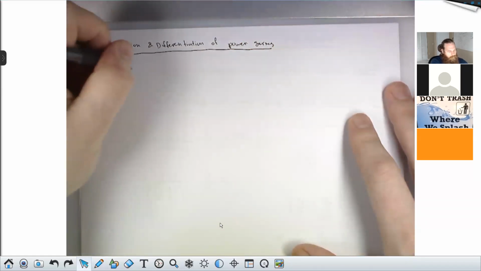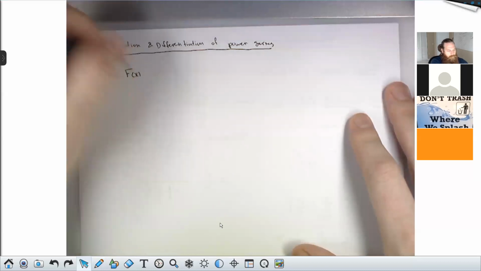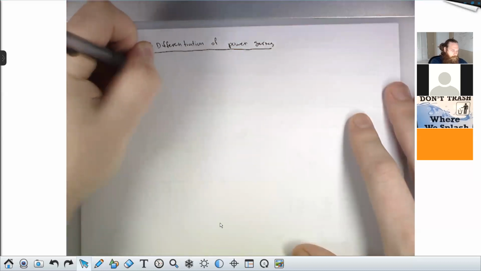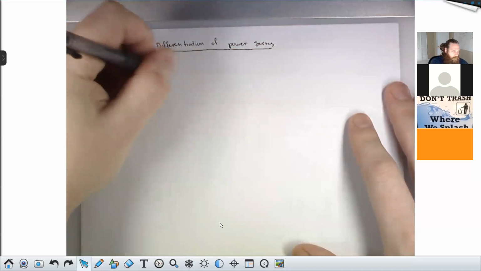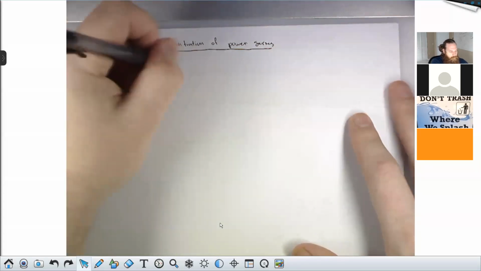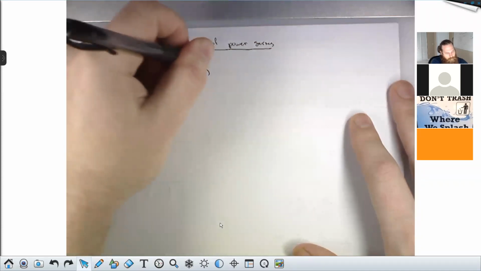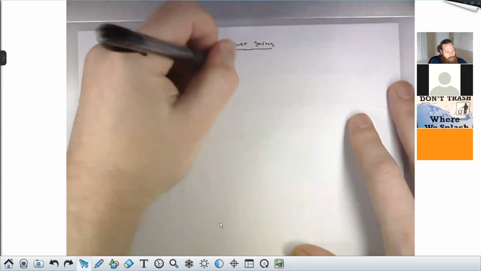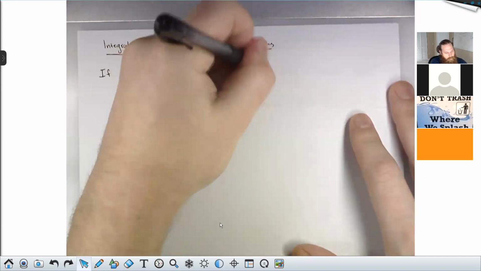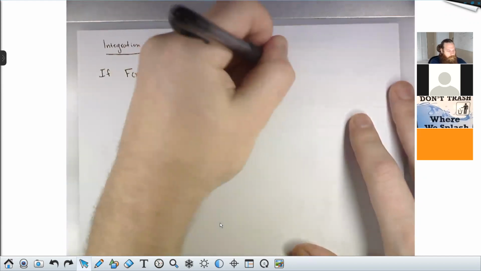If capital F of x, and I'm using a capital F here just because it's a power series, is sigma n from 0 to infinity Cn times x minus a to the n, then the function is differentiable.